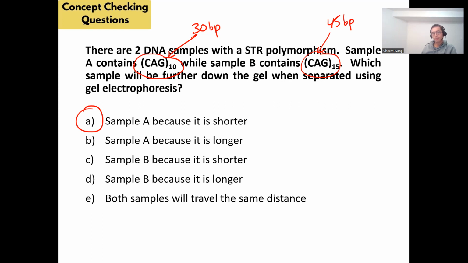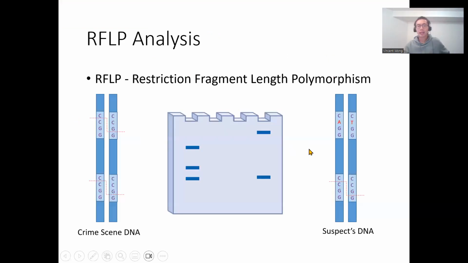All right. Okay. We just have a couple other things we need to go through. Next one is RFLP. RFLP stands for restriction fragment length polymorphism.